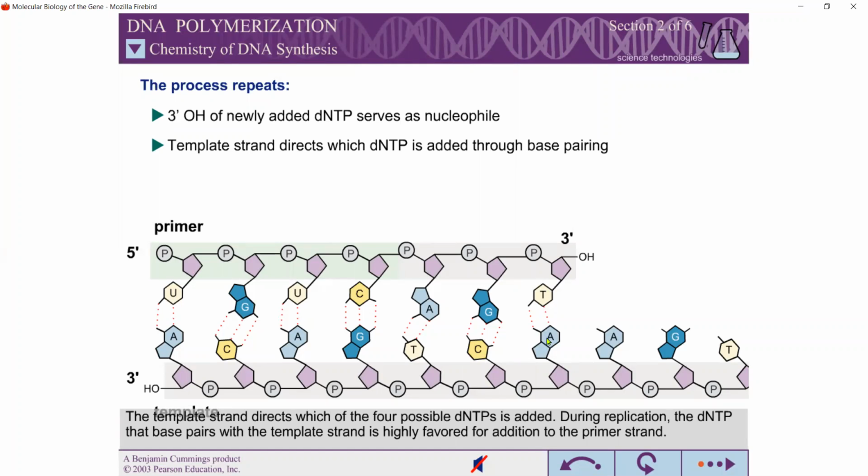For example, C had tried to enter, but C couldn't enter. T entered, base paired, and the polymerization occurs. The next base is A, so again a T will enter. The next base is G, so a C will enter. This is how the process goes on. Now, this cannot happen automatically. This is not magic. The polymerization of DNA is not magic.